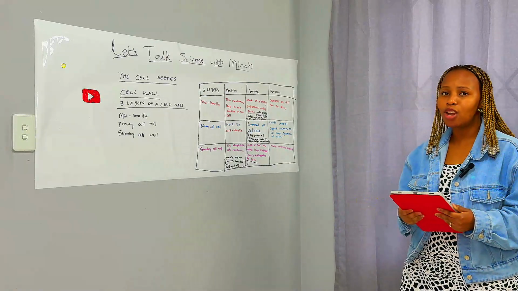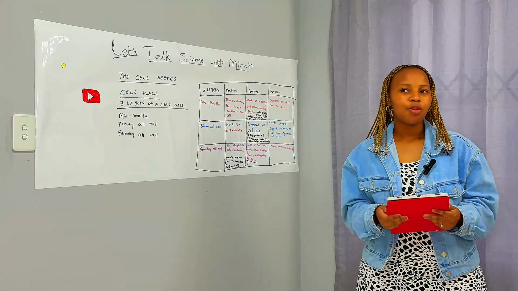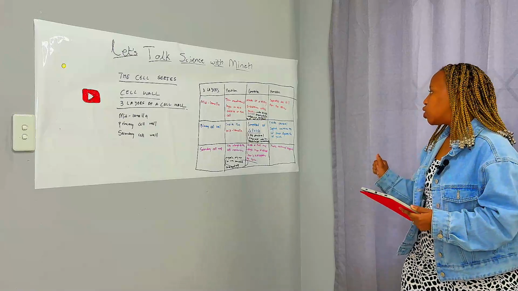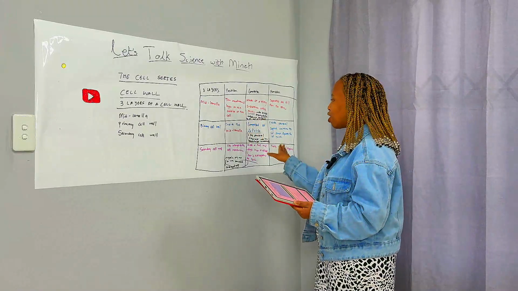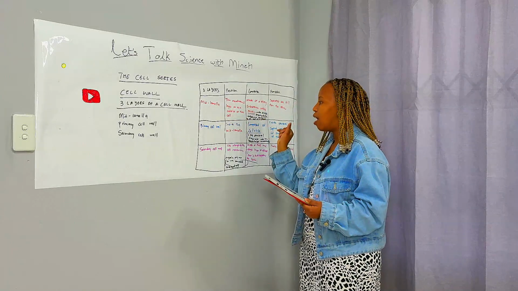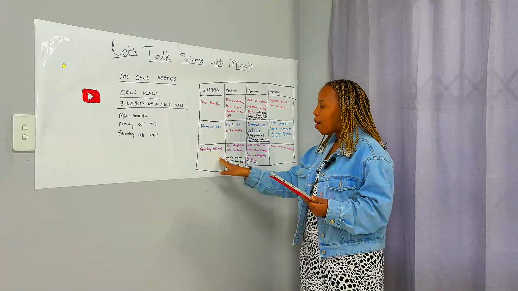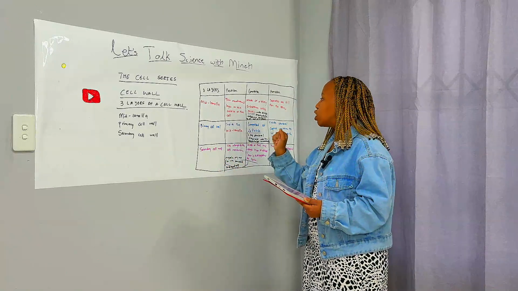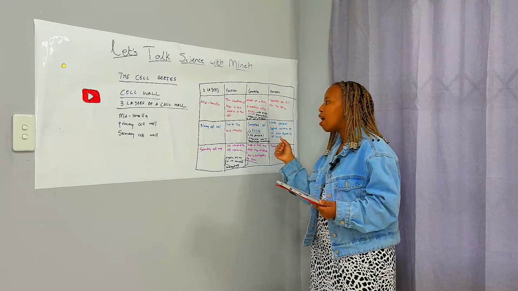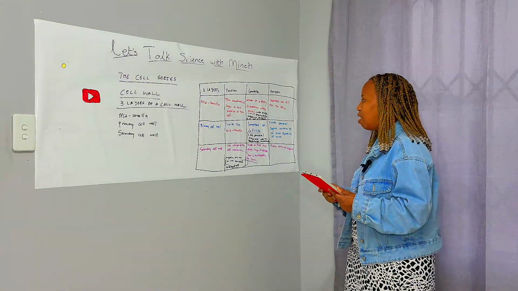And we also get to talk about the primary cell wall. The primary cell wall is found inside the middle lamella. I tried to do a color coding here whereby I used red for the middle lamella, blue for the primary cell wall, and purple for the secondary cell wall. So for the middle lamella here, I used red, so that it can be clear that it's relatable to the middle lamella.